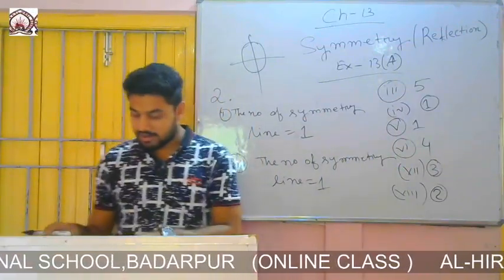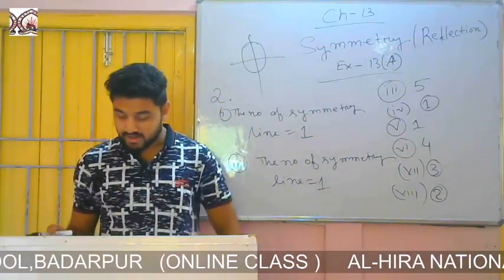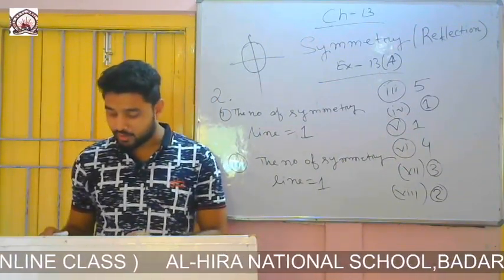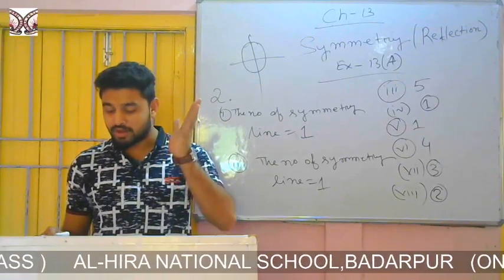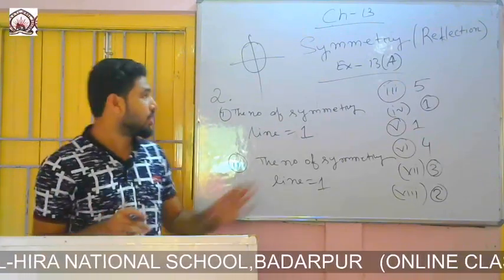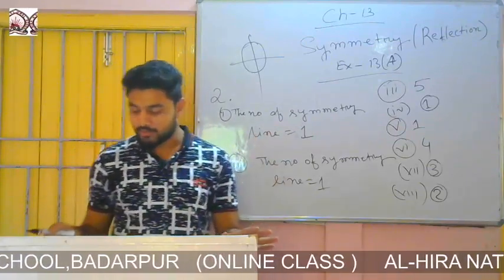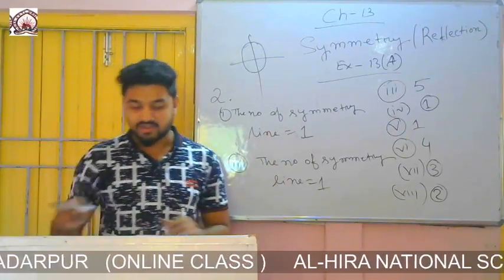Okay, now come to question number 3. Draw the line of symmetry in the following letters. That means we have to draw the line of symmetry. Earlier we had to count and draw. Here we just have to draw the line of symmetry.